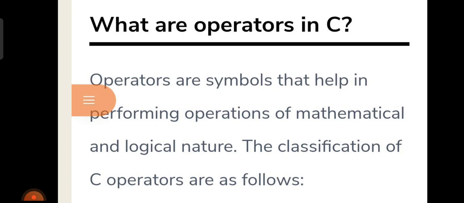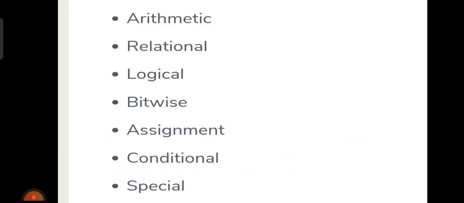Operators are symbols that help in performing operations of mathematical and logical nature. The classification of C operators are as follows. The 8 operators are arithmetic, relational, logical, bitwise, assignment, conditional, and the last one is special operators.